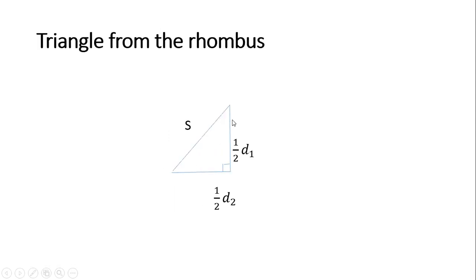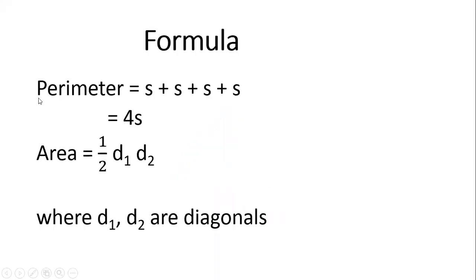If the side is given and you are asked to determine one of the diagonals, you can use Pythagoras theorem to solve that. Even if the angle is given, we can use that to determine either half diagonal.